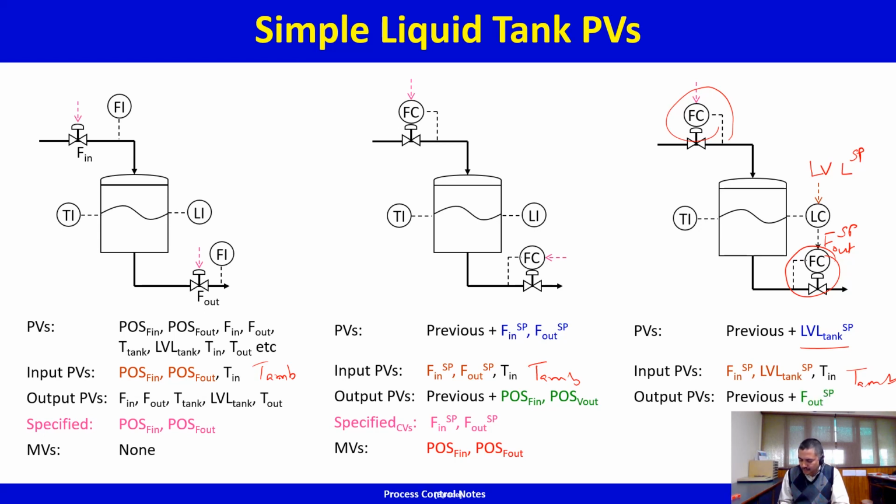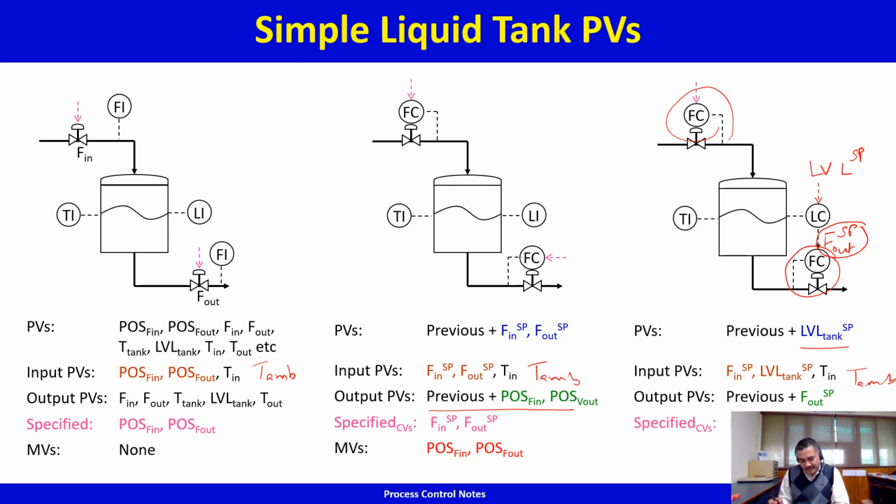What are the output PVs? Previous meaning these guys, plus, you see, this set point is being calculated by the level controller. So this is actually a dependent process variable, an affected process variable, and therefore it is an output PV. What is being specified?